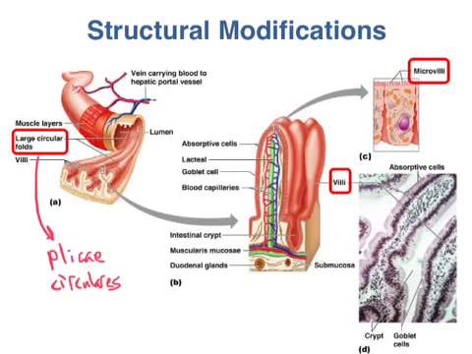And these circular folds force chyme to spiral through the lumen, slowing it down and bringing that chyme into contact with the epithelium. You also have villi and microvilli, and both of these really increase the surface area for absorption.